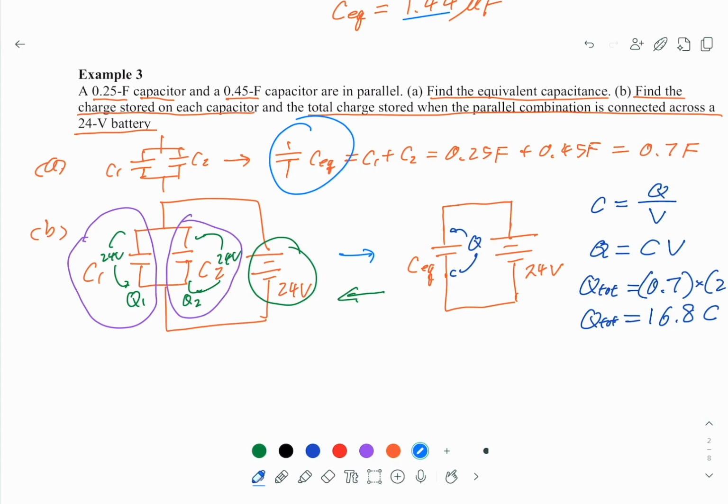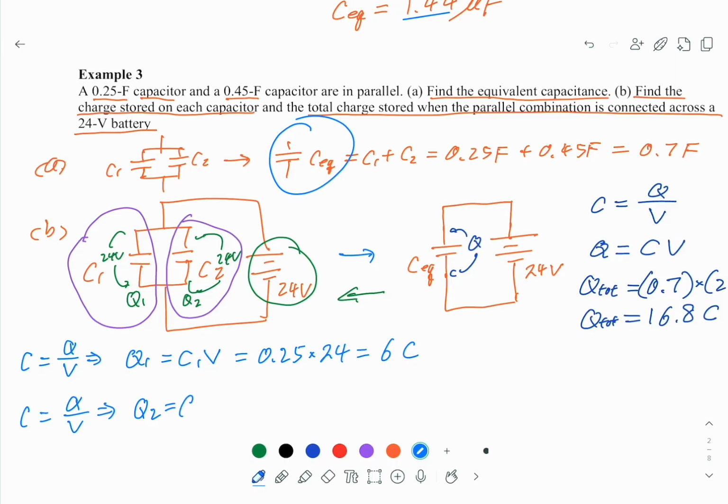Again, we use C equal to Q over V. So Q1 is C1V. C1, the first one, is 0.25 times 24. So 6 coulombs. The same for the second one.